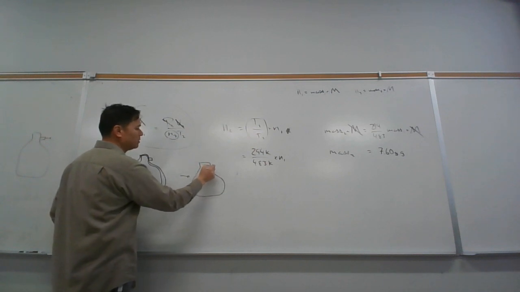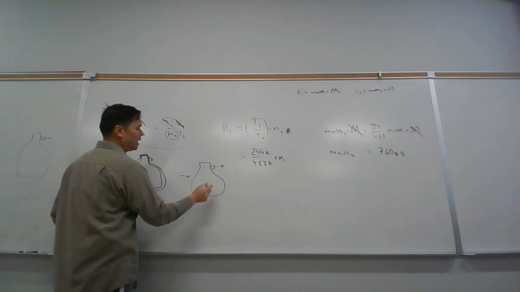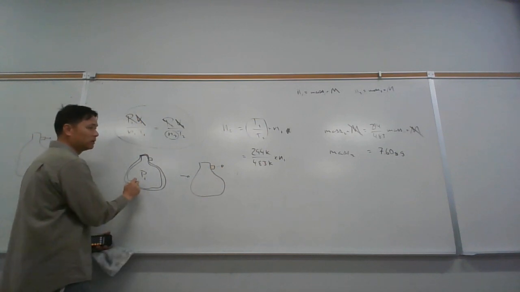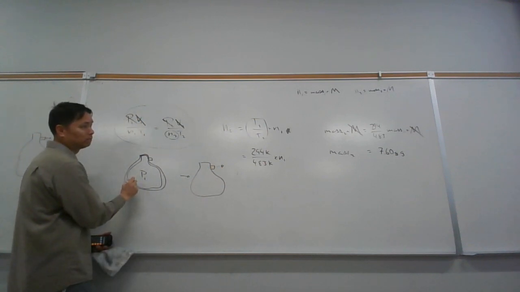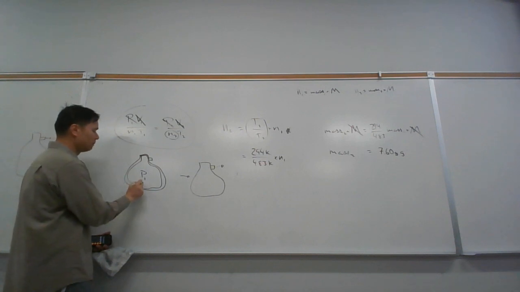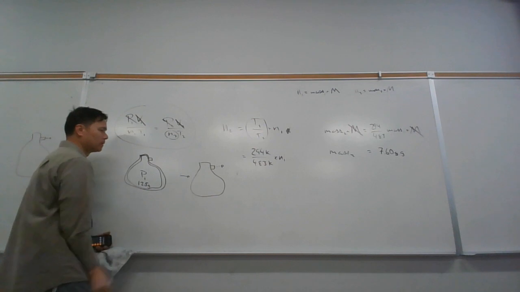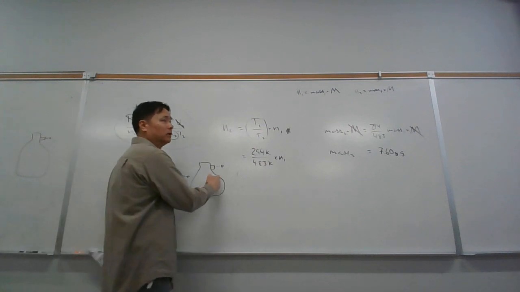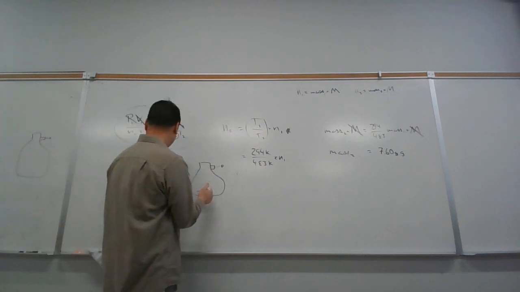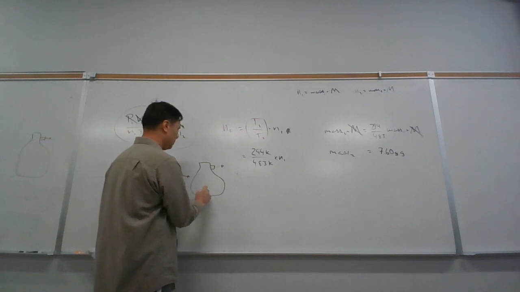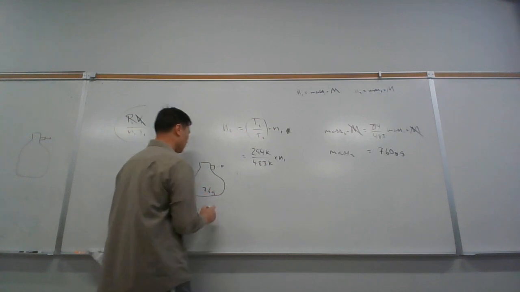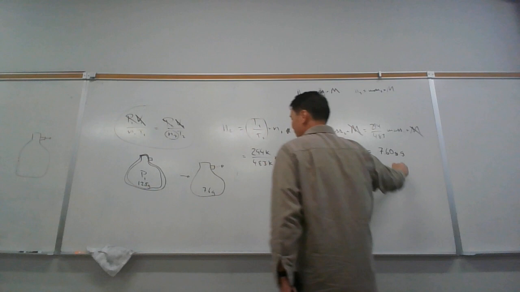And so what that's going to do is bleed off gas. Here we're going to start off with 12.5 grams, and over here we're going to end up with 7.608 grams.